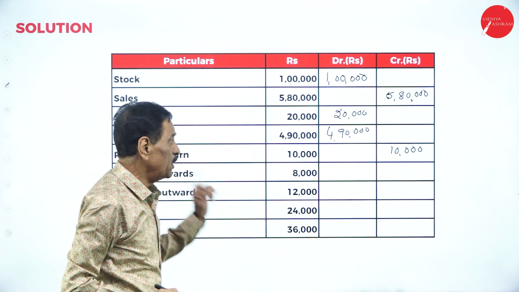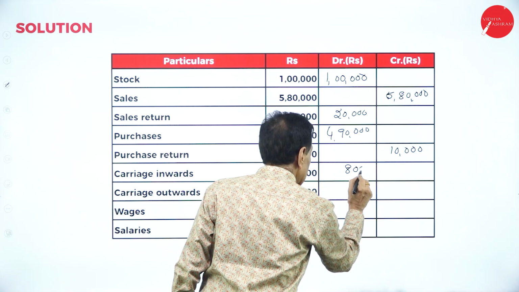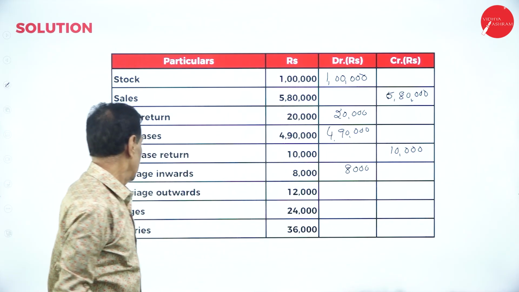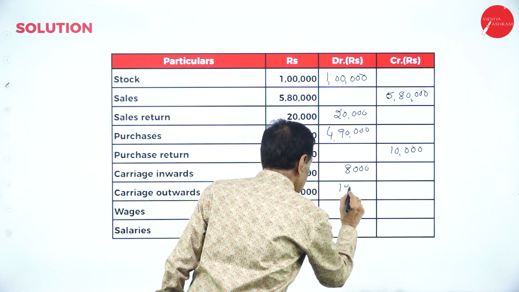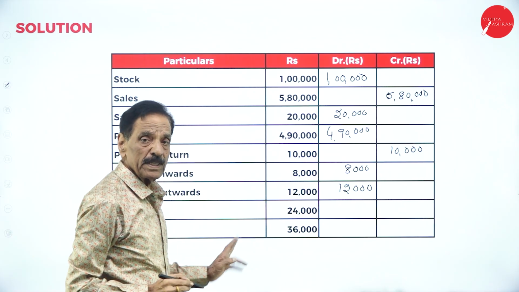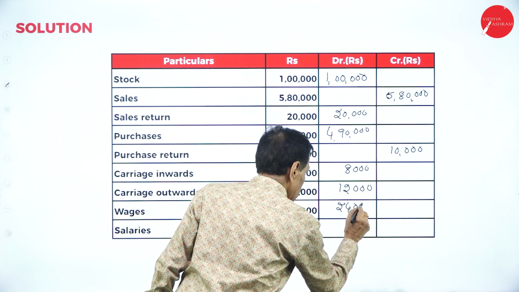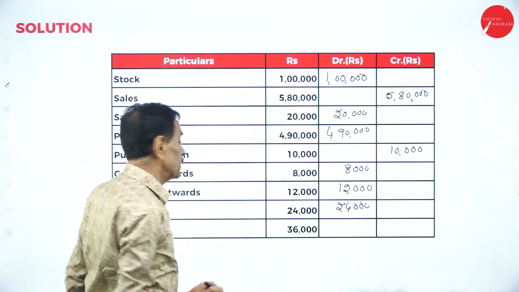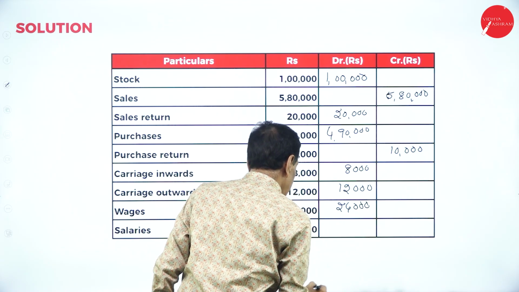Then carriage inward is an expenditure, debit side. Then carriage outward is also an expenditure, debit side. Wages, expenditure, debit side. Salary, expenditure, debit side.